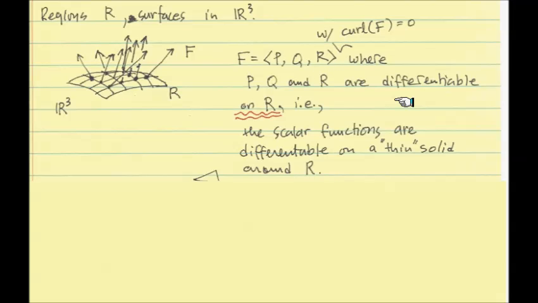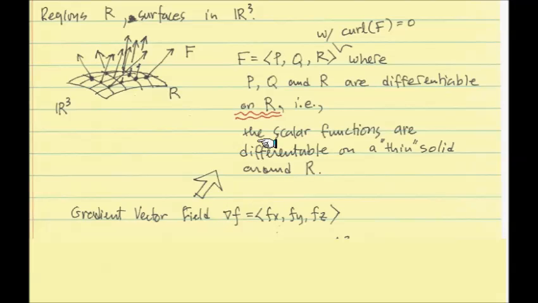Differentiability requires all directions, the 3 x, y, z directions, so it is possible to think about it here. So that's the meaning of differentiable on R. It's not the way modern mathematicians define differentiability, but I think that it's going to serve the purpose for this video and the calculus 3 level.